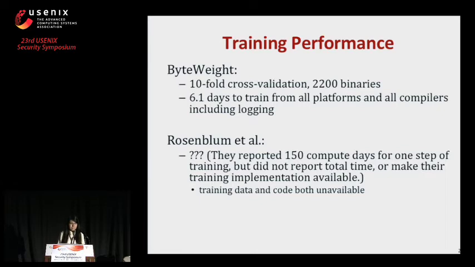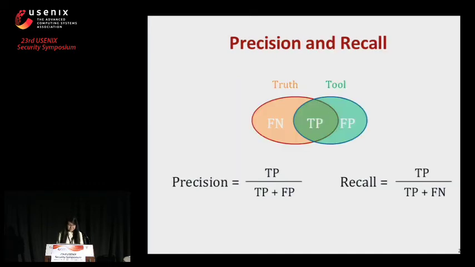For Rosenblum's work, they didn't report the overall training performance, but they reported that for feature selection, they spent 150 compute days. Because their training data and code are not available to our knowledge, we would like to test it in the future if we can access their code.